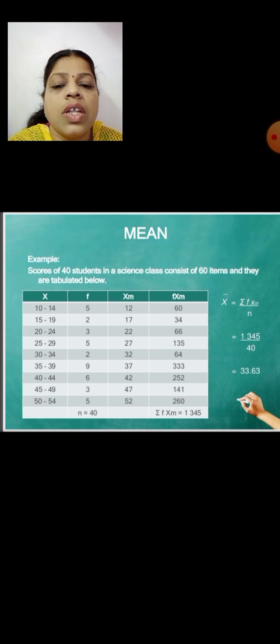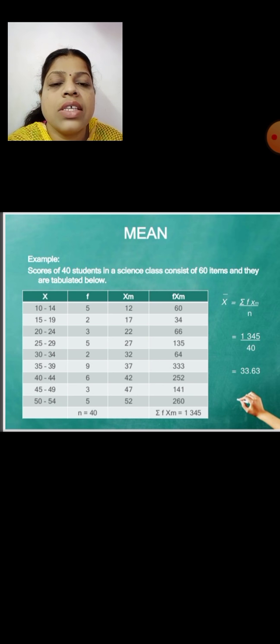Here the scores of the 40 students in a science class consist of 60 items and they are tabulated below. Here we can see, children, that the various class intervals are given, and according to the scores of the 40 students we have categorized them into different class intervals.